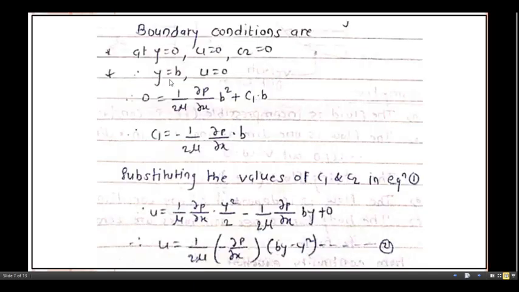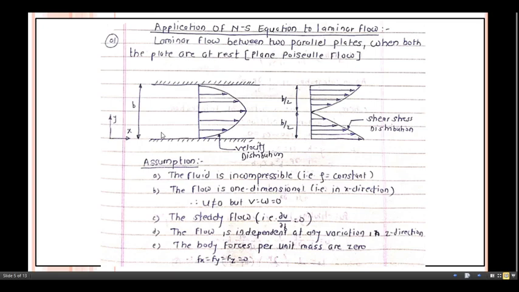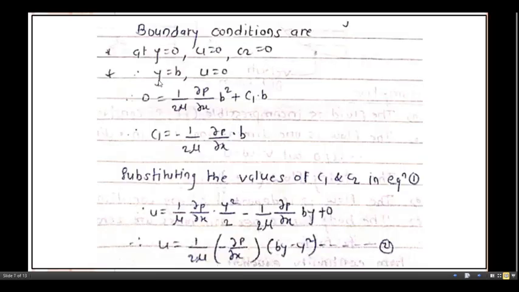Now consider the maximum value of y. This is nothing but the vertical axis. The distance between the two plates is b, so the maximum value of y is b.